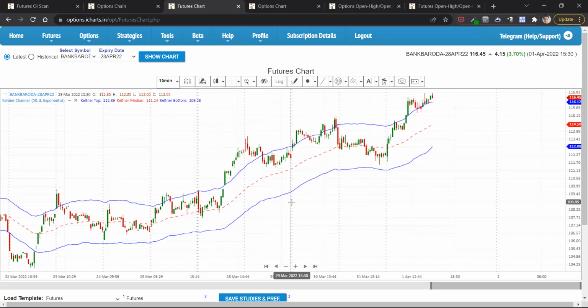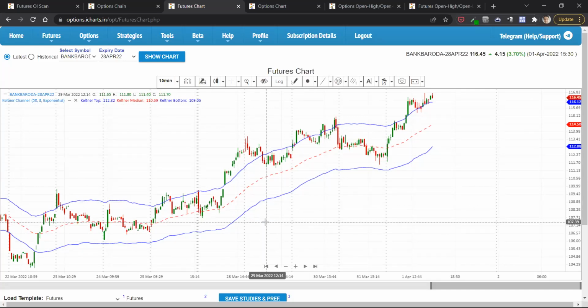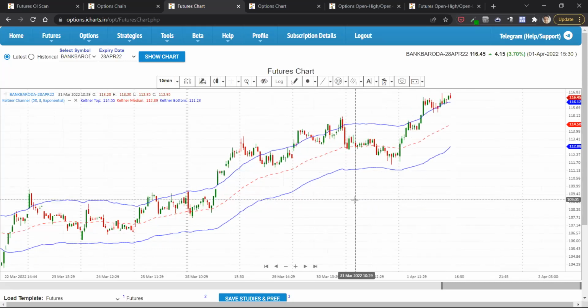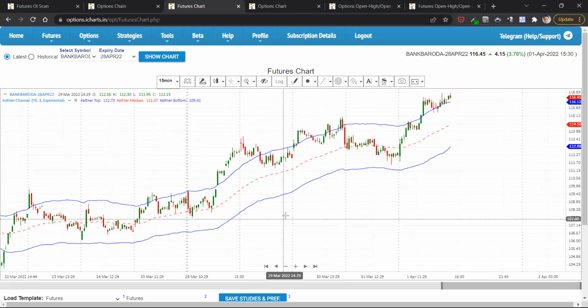I decide on the entry point before, I do my studies and then I decide. Entry happens, but then there is the panic situation when the price immediately comes down, but later picks up again.